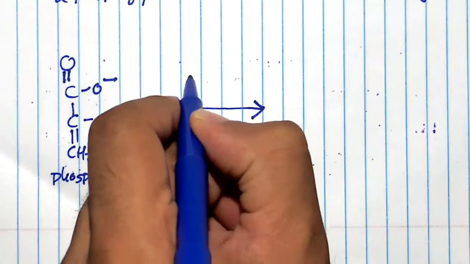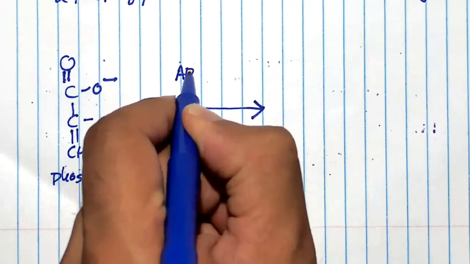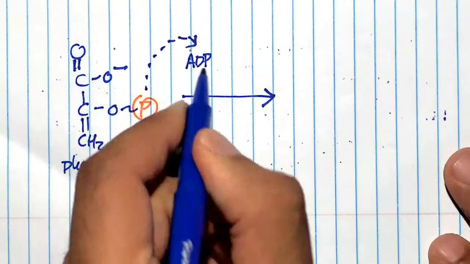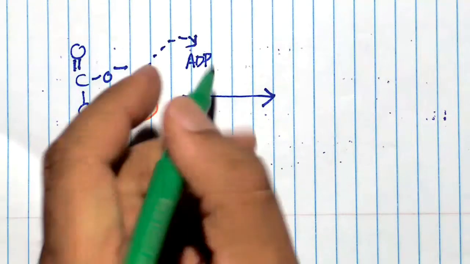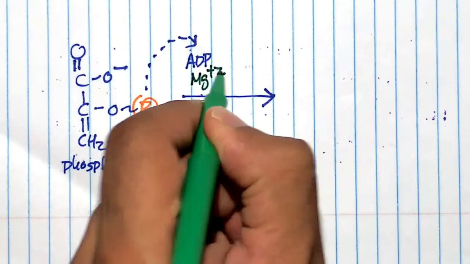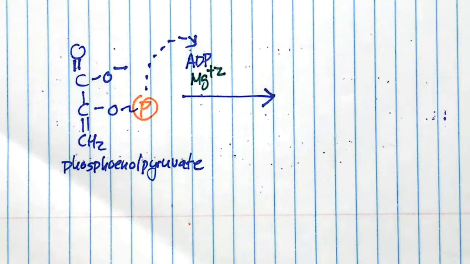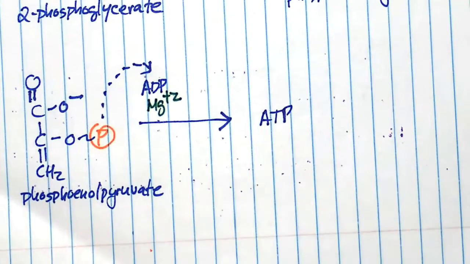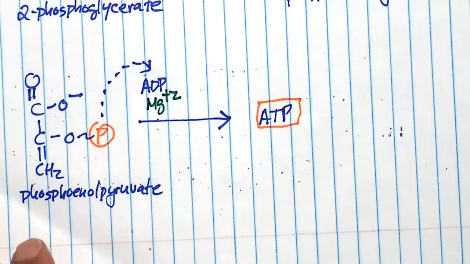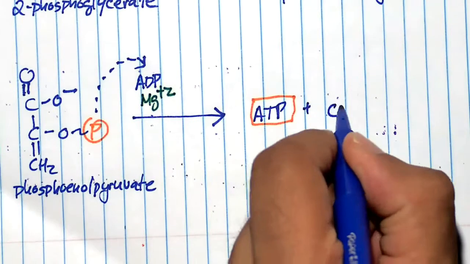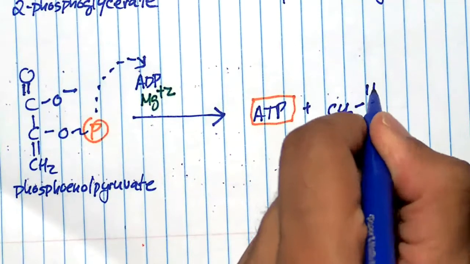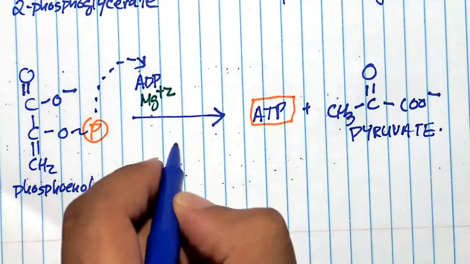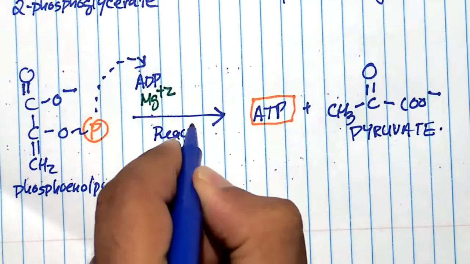It's going to take ADP, and this phosphate is going to be donated to ADP. Don't forget magnesium is all around here to chelate those negatively charged phosphate groups. And you're going to get ATP. That's a good thing. But you'll also get the final product in glycolysis, and that is pyruvate. The enzyme that catalyzes reaction 10 is called pyruvate kinase.